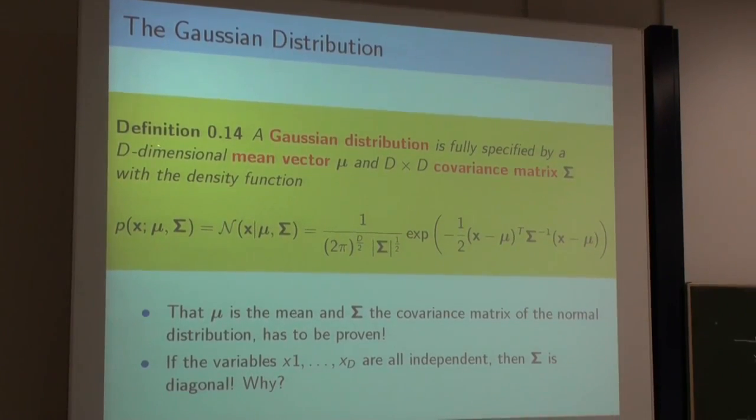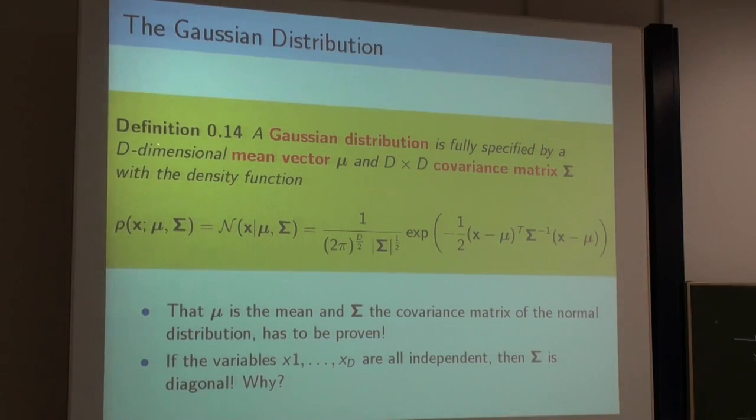And here we have the definition. A Gaussian distribution is specified by a mean vector now, of course. It's higher dimensional, so the mean is a vector, and the standard deviation or the variance is no longer one value. It is now the covariance matrix. So we have the mean vector mu and the covariance matrix sigma, and this is the formula for the density function. It's actually quite similar to the one-dimensional case.